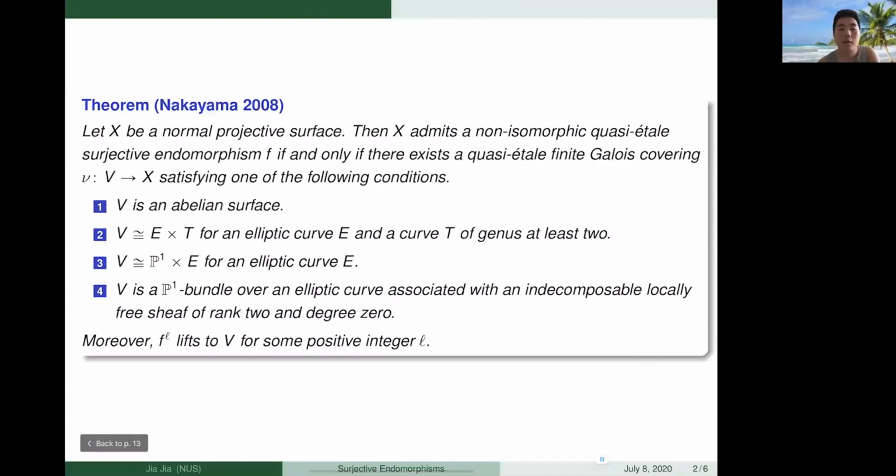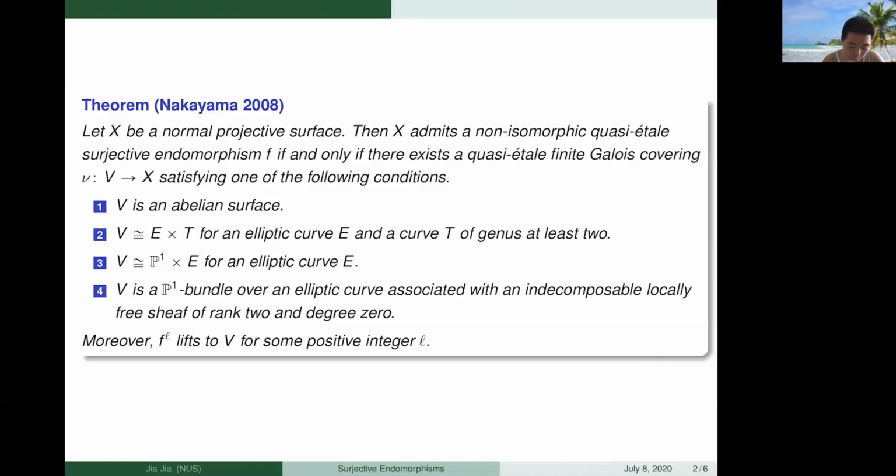Let X be a normal projective surface. Then X admits a non-isomorphic quasi-étale surjective endomorphism if and only if the pair satisfies one of the following conditions. There is a lift mu from V to X. Either V is an abelian surface, or an elliptic curve product with a curve of genus at least 2, or P1 cross E or P1 bundle.